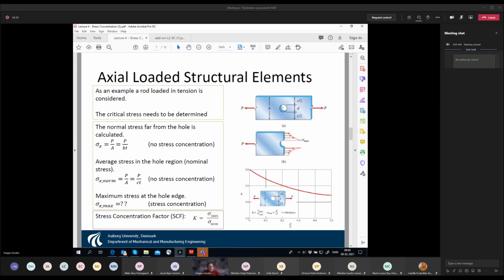And then if you do this, then here in this point and in this point, you have larger and larger curvature.